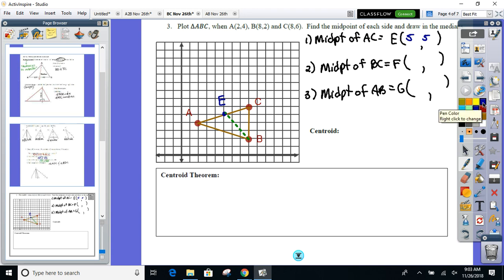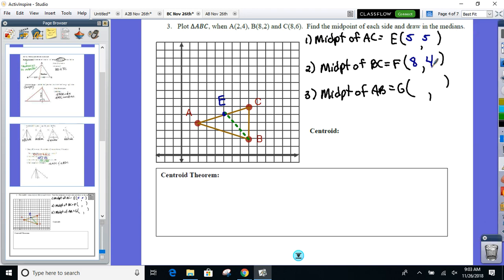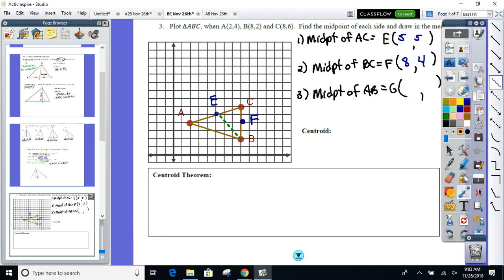You guys I assigned to BC. Hopefully you did that one pretty quick. Midpoint of BC. 8, 4. Everyone go ahead and graph it, and then with the straight edge, draw in median AF. And finally, the groups I assigned to AB.